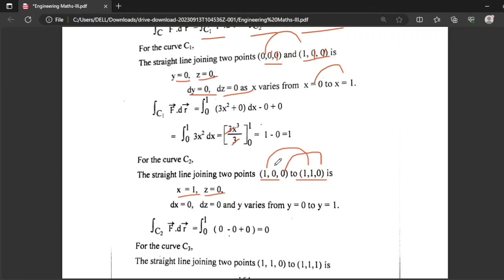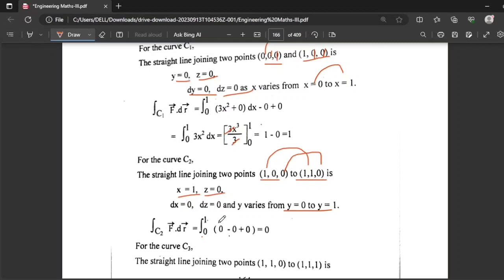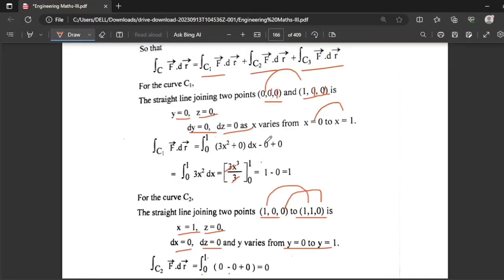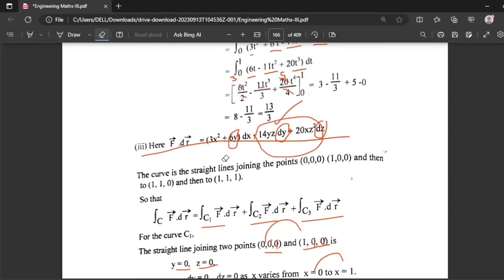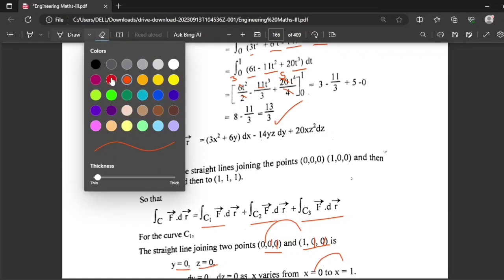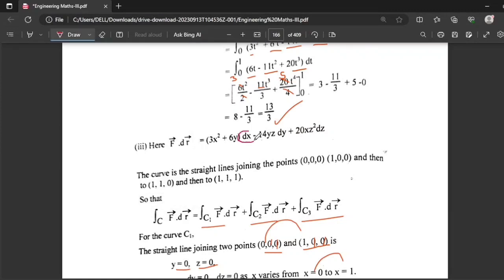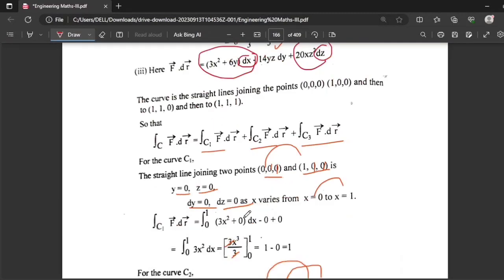But y changes from 0 to 1, and here dx and dz are 0, so the whole term is 0, so remaining is minus 14yz dy.